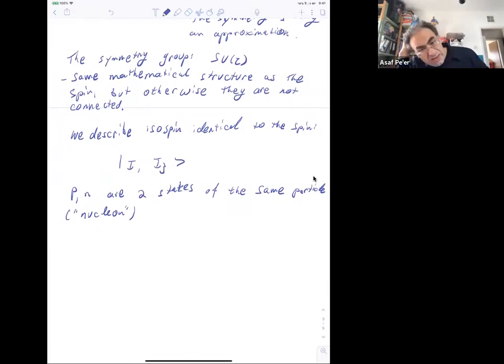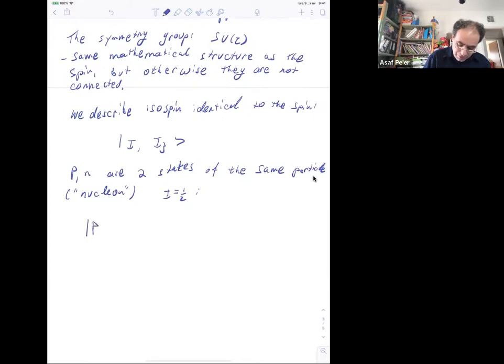And we assign to them an isospin doublet, which is called I equal 1/2, both of them. That means that the proton, I will describe it as I equal 1/2, and I3 also equal 1/2. And the neutron, I will describe as the total isospin of 1/2 and the I3 of minus 1/2.